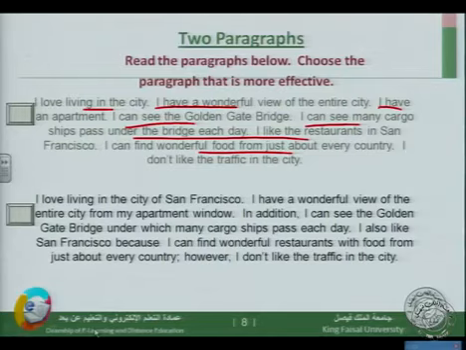Please pay your full attention to these classes, because they are very important and very helpful. These are the grammar of writing.